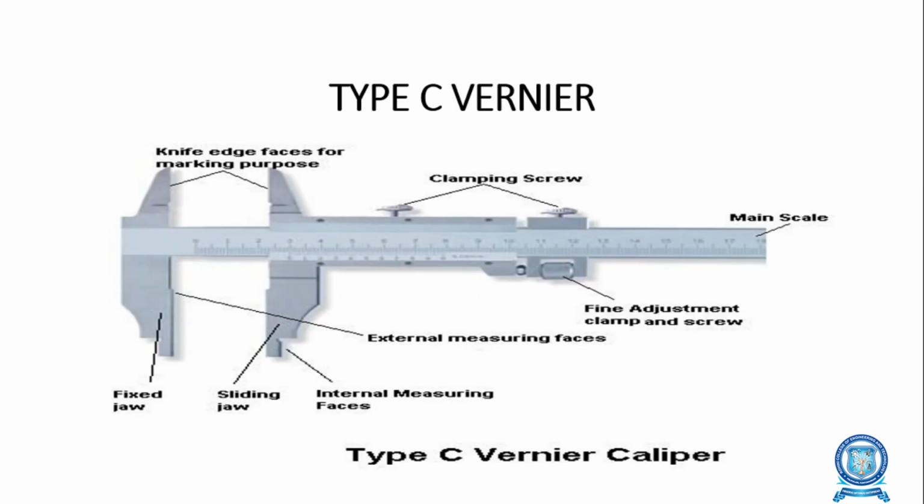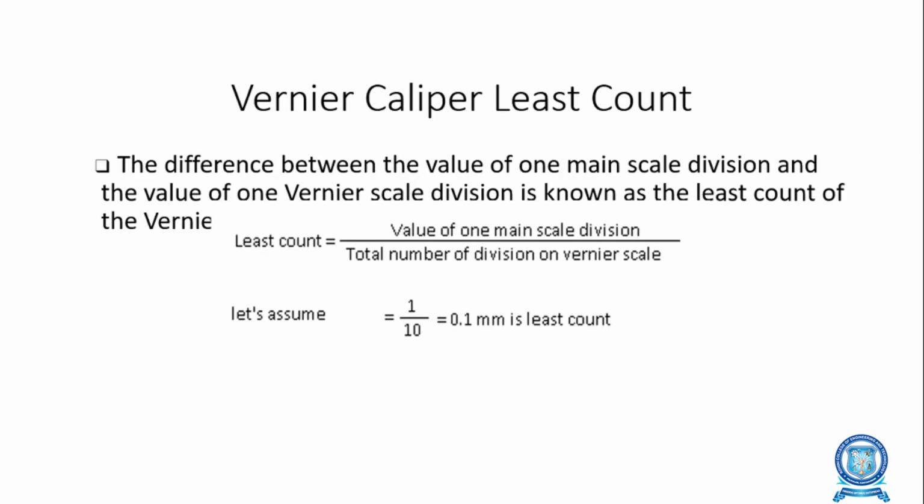And that's a type C vernier caliper. Here also the internal and external measuring jaws are on the same side, and there's an additional attachment above the main scale. We call it knife edge faces, given over the main scale for marking purposes. So these are the three different types of vernier caliper.